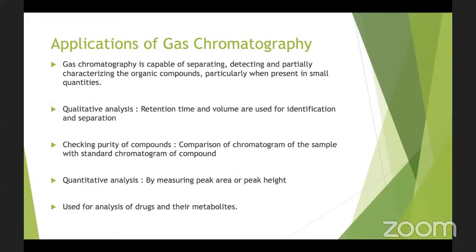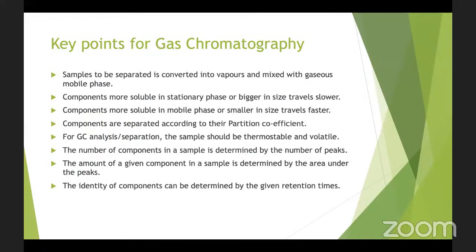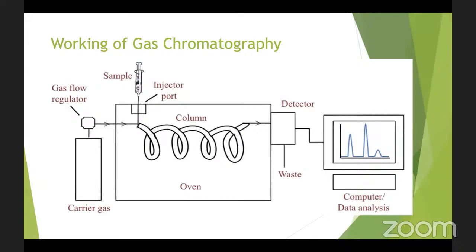Now, one point that I missed out here. Sometimes, when the components with lower boiling point or lower size pass through the column first, there are still components left in the column with very high boiling point or much bigger size. To elute those components, the temperature of the oven is modulated or changed.